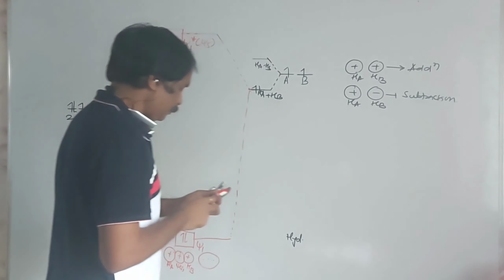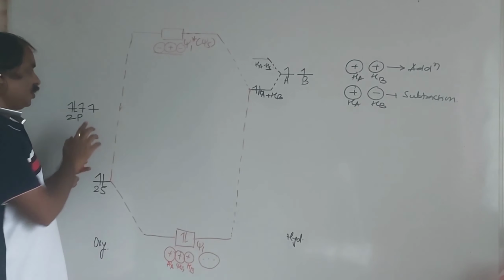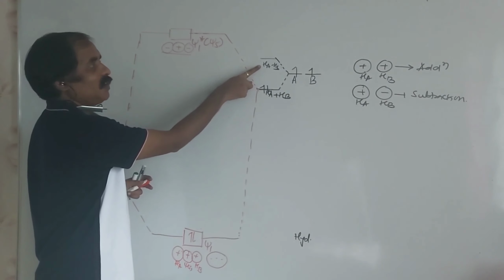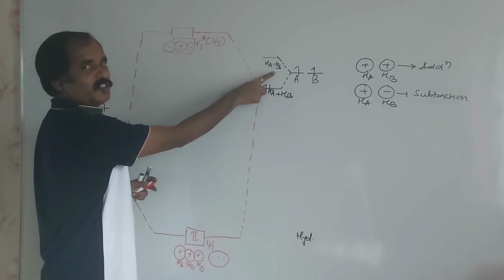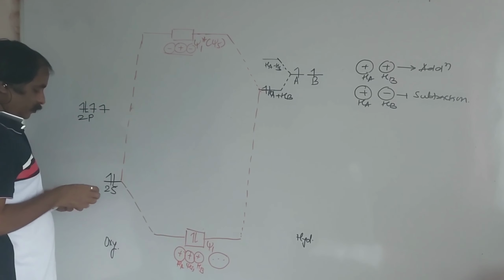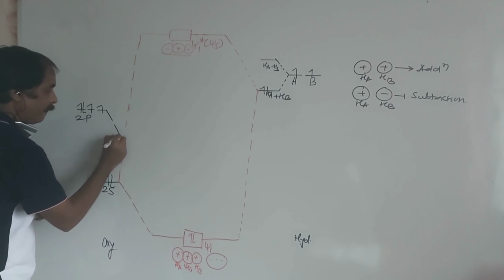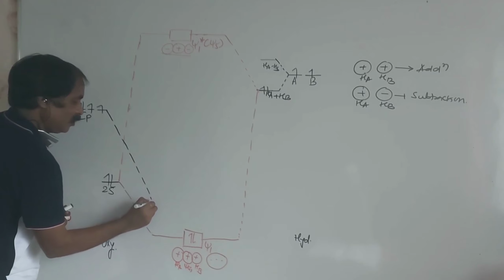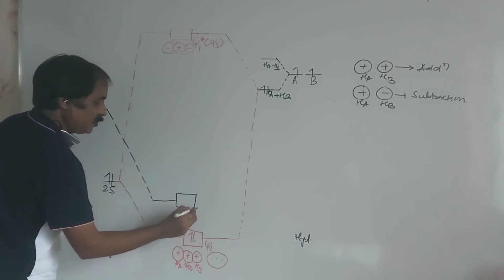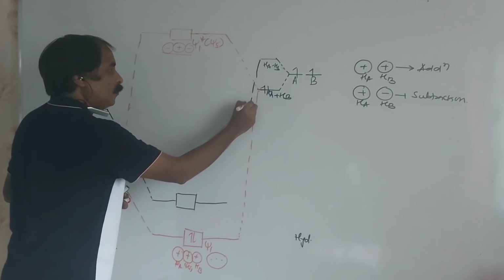Now next, we have taken the wave function of px of oxygen and the group atomic orbitals of hydrogen, that is Ha minus Hb. Second, it is like this. So this is psi2.